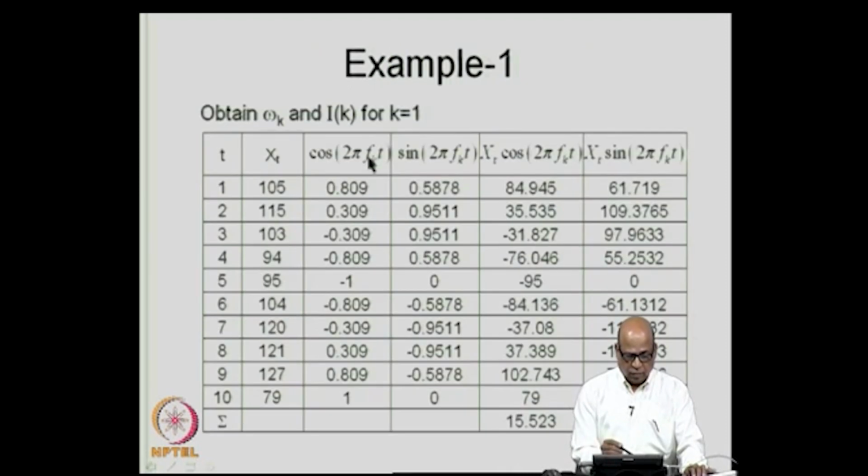And so, here we write t is equal to 1, x t is known, 105, these are the observed values of the time series, 2 pi into 1 by 10 into t, in this case it is 1 in radians. So, cos of 2 pi f k t is 0.809, similarly sin of 2 pi f k t is 0.5878 and so on. Then we write x t cos 2 pi f k t and x t sin 2 pi f k t.